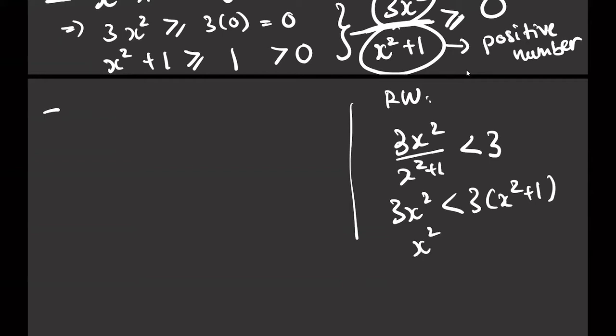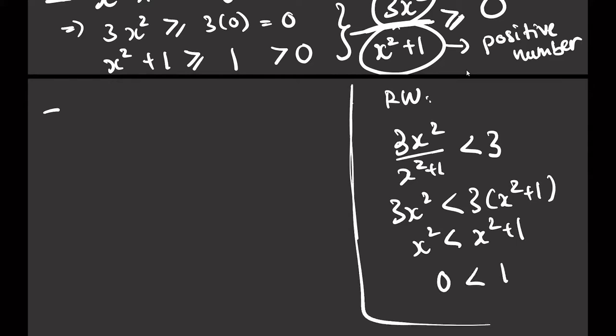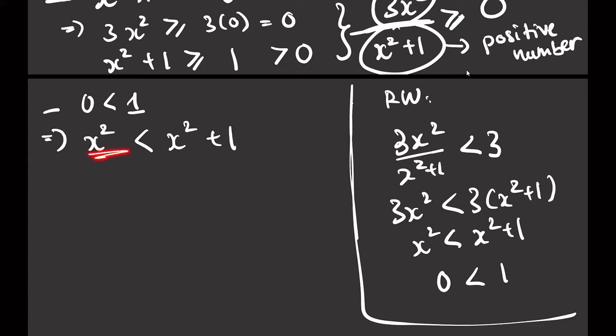Then I divide both sides by 3, and I'm left with 0 is less than 1. So this is my rough work. In my proof, I will say 0 is less than 1, so x squared plus 0, which is x squared, is less than x squared plus 1.